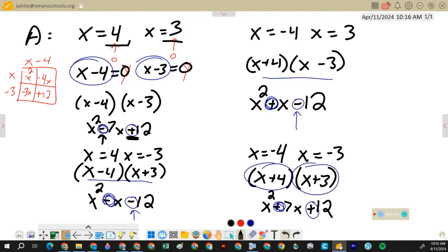So if we look at A and D, A and D have factors that have the same sign, and the middle sign of the quadratic tells you what that sign is. So if the signs of the two factors are the same, then the middle term tells you what the sign is.